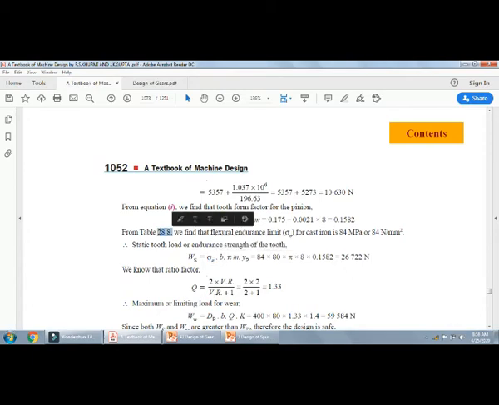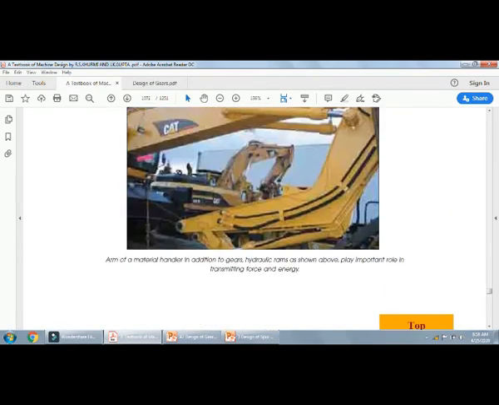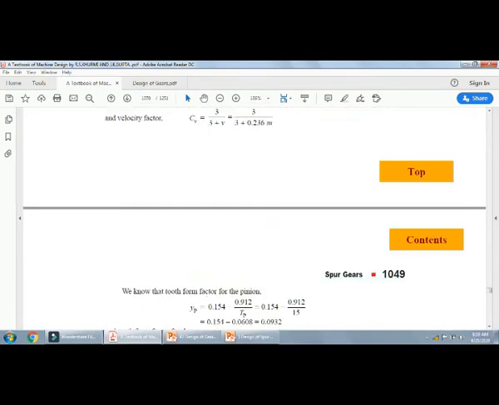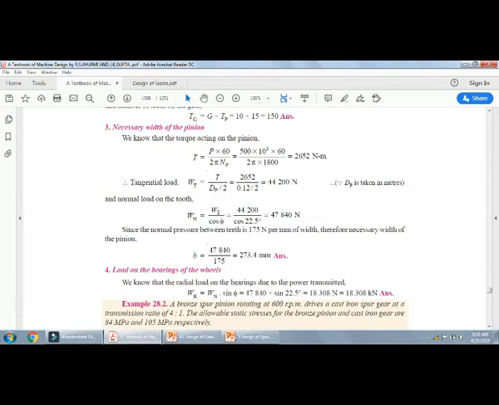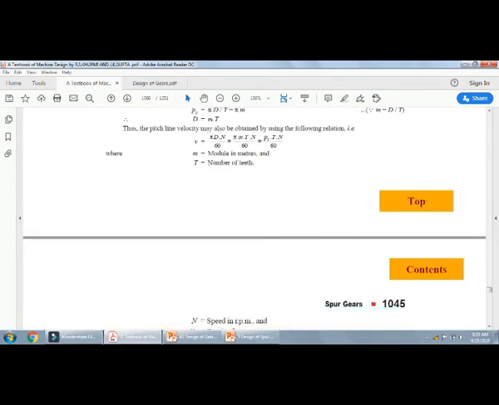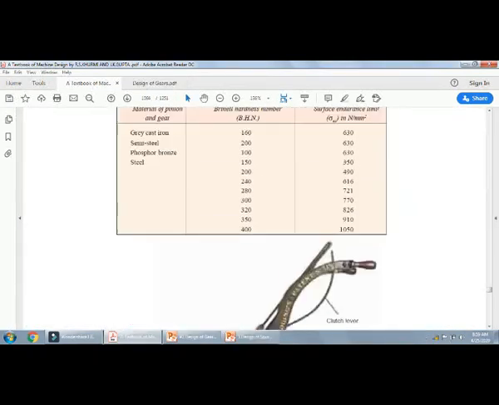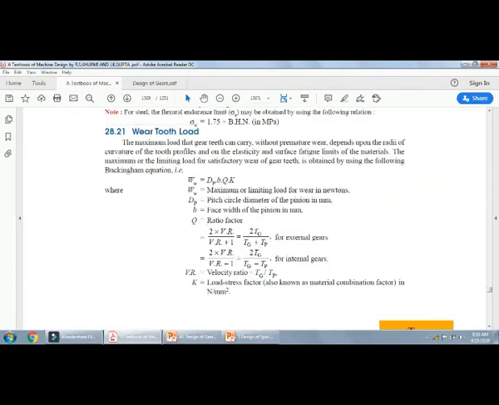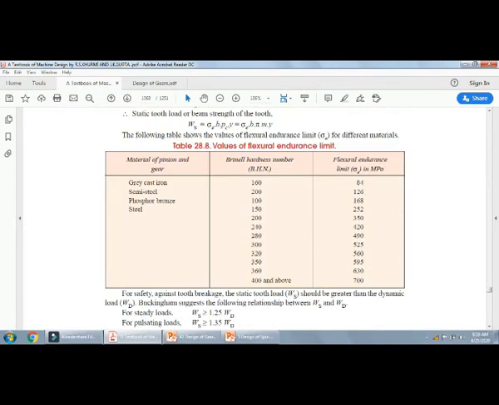If we want to recall table 28.8, here is the value of the flexure endurance limit. So for grey cast iron the value is 84 megapascal.